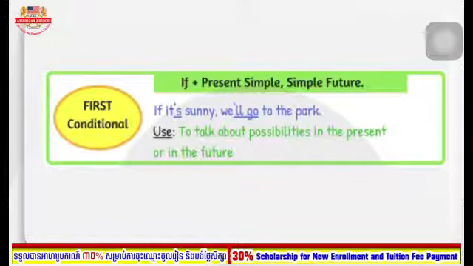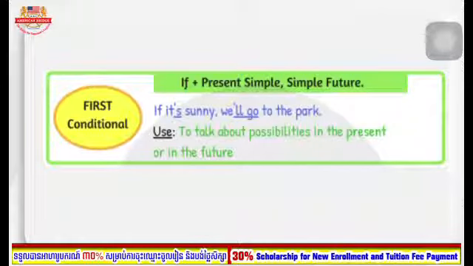We use the first conditional to talk about possibilities in the present or in the future, meaning something that may happen in the present or in the future. If you want to talk about a condition or situation that will be true in the present or in the future, you can use if.